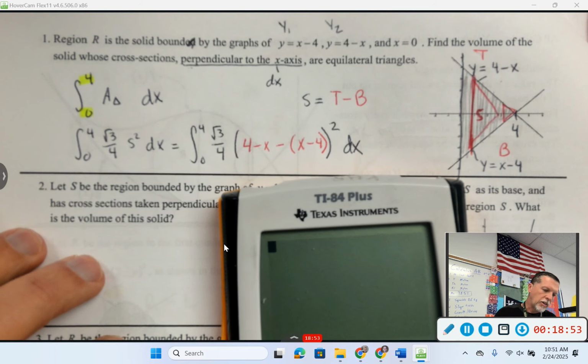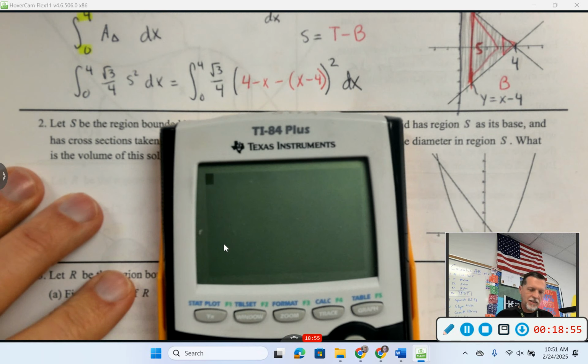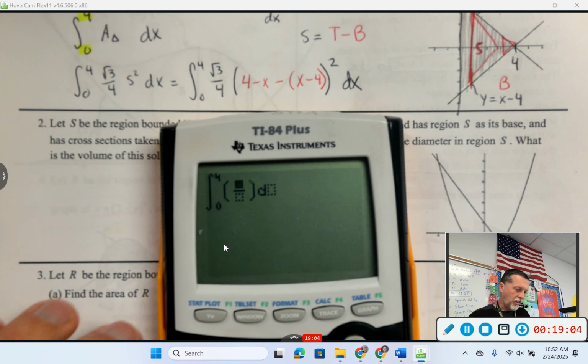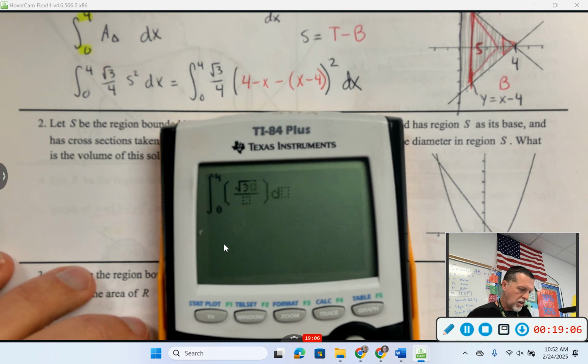And then I could let my calculator do the heavy lifting on that. Math 9, 0 to 4. Make it look fancy with the fraction if you like. Root 3 over 4.